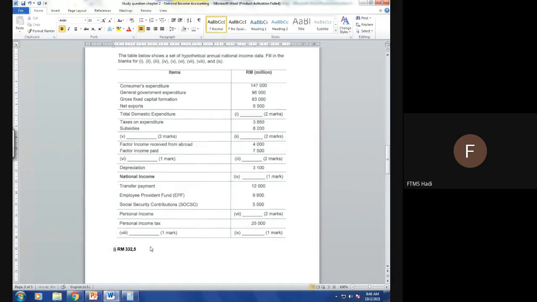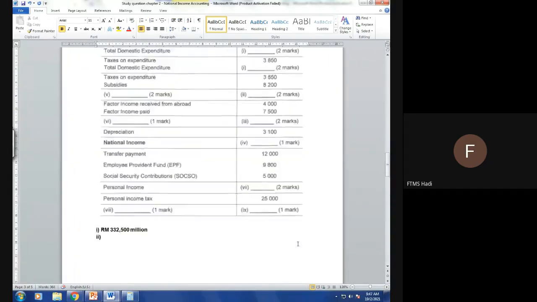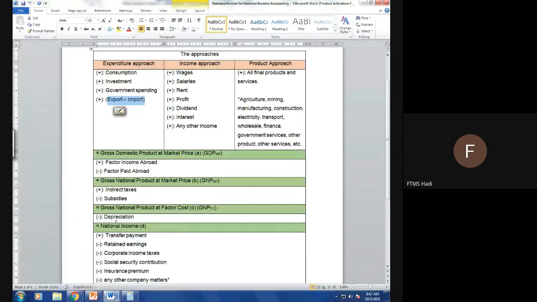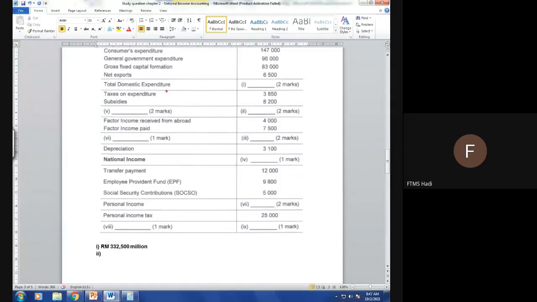Okay, the second one, tax on expenditure and subsidies. So refer back to the formula, which is indirect tax and subsidies, right? That means you need to add tax on expenditure, and subsidies you need to minus. So how much do you get? That is 500 million.